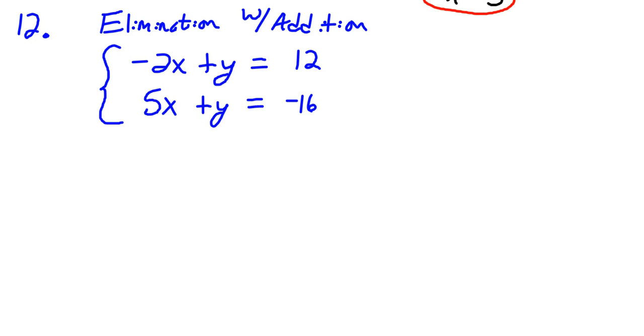Okay, so for this one, we're going to start with negative 2x plus y equals 12, and then 5x plus y is equal to negative 16.